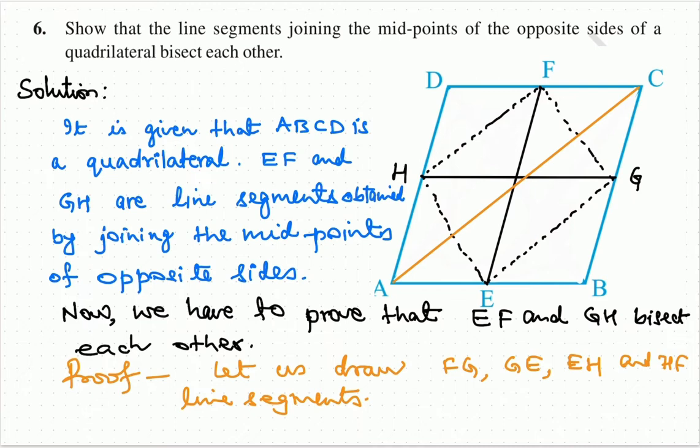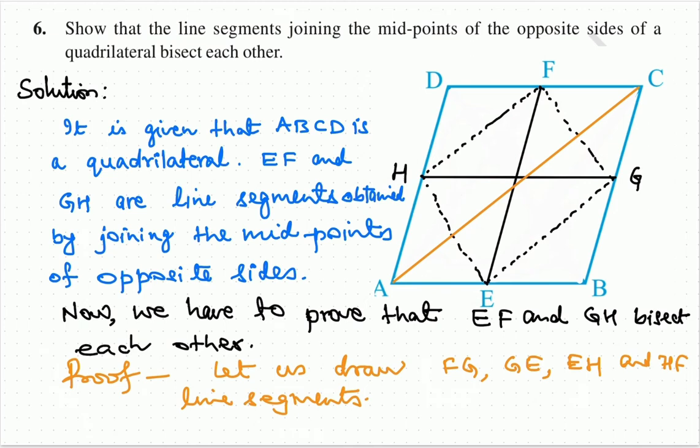After making this quadrilateral, if you draw the diagonals EF and GH, they intersect each other and also bisect each other, meaning this section and this section are equal.